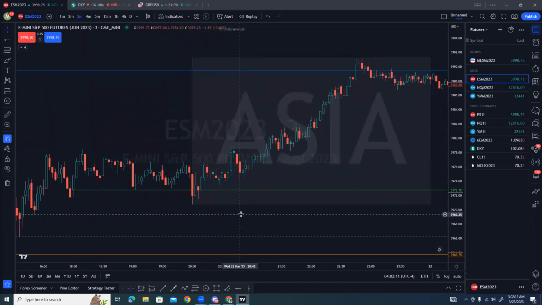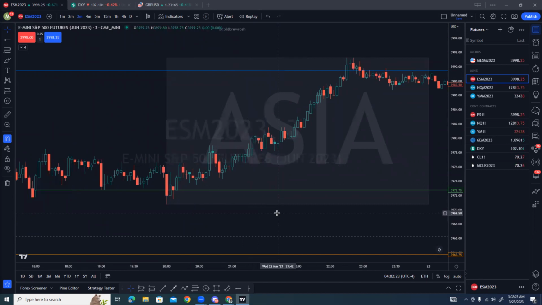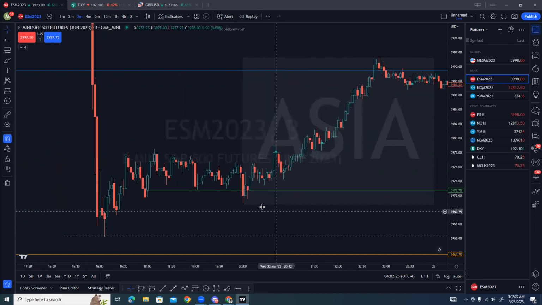Okay, what I was going to say was I am having trouble with the order blocks in that I seem to draw them all over the place. And I don't know if they're correct or not. So looking at this chart right here, do you see any order blocks that you would mark up right now?